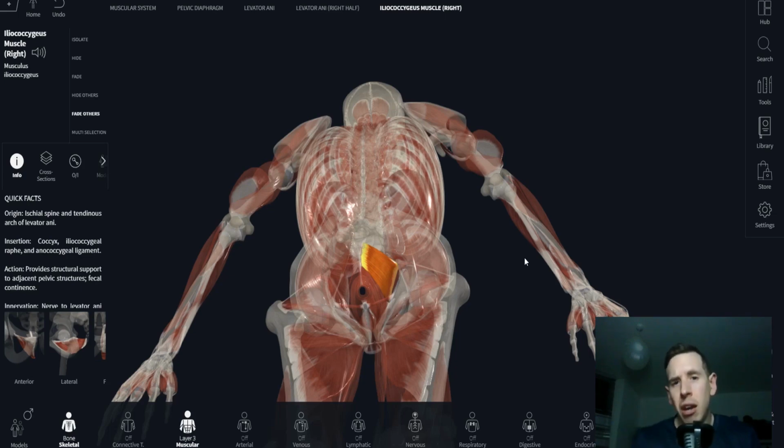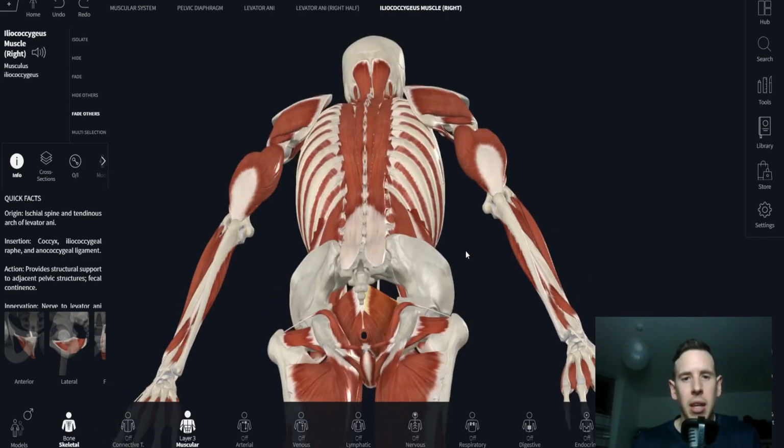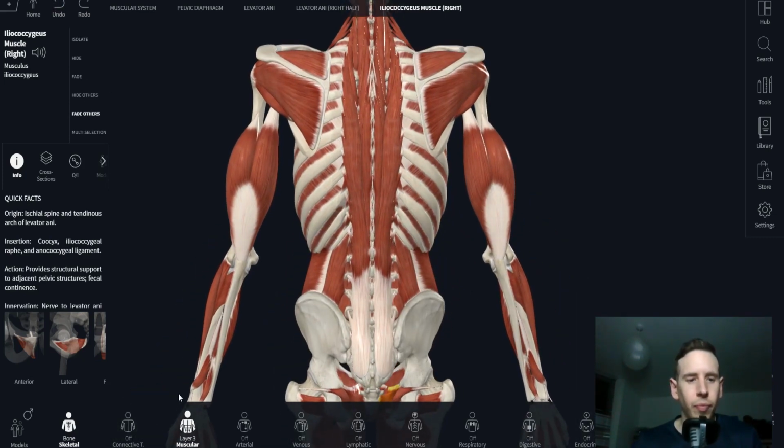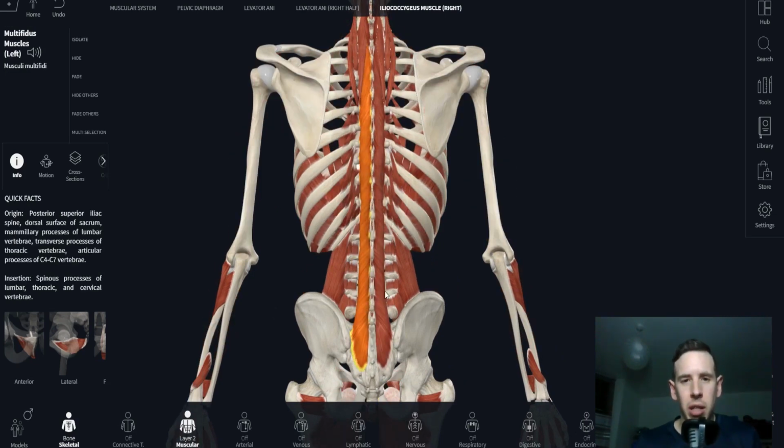And they are essentially the core floor, if you want to think about it that way. So moving on then, the back wall of the core house, we have the multifidus here.